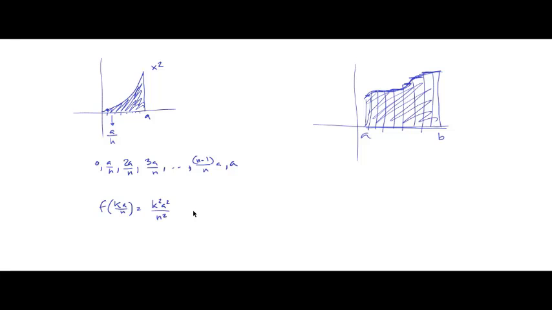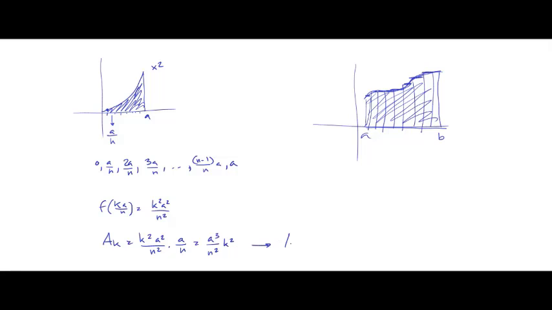Now the area of each one of these rectangles, the kth rectangle, is just this function value times the width, which is a divided by n. So you have a cubed divided by n cubed times k squared, right?